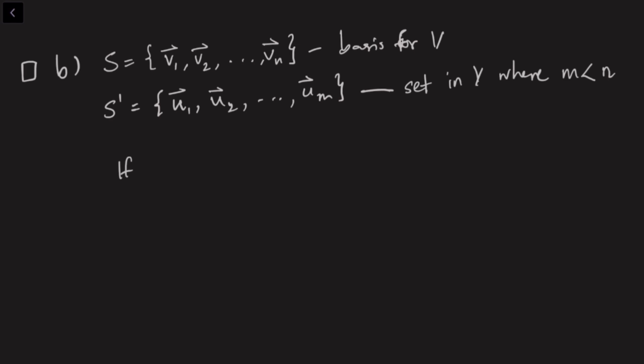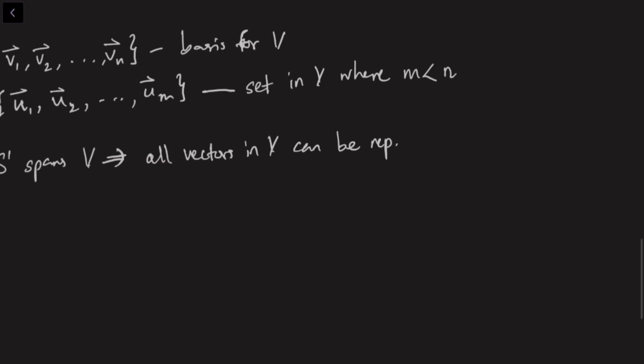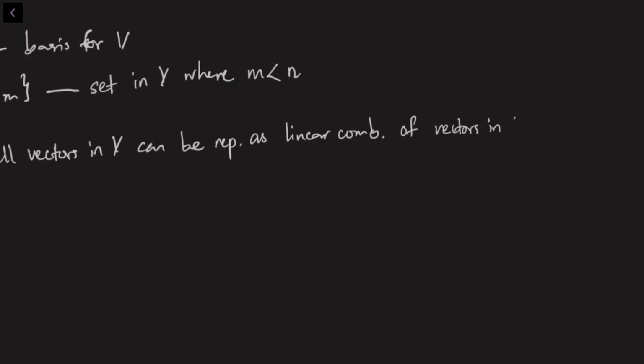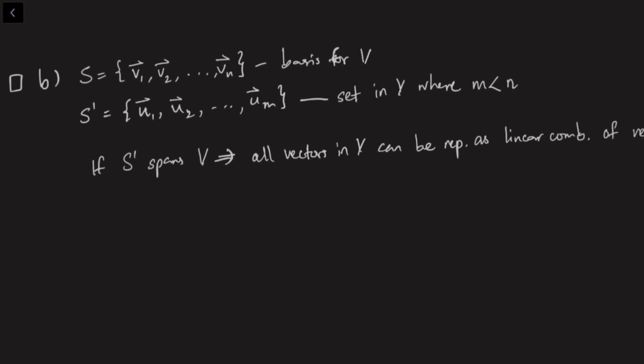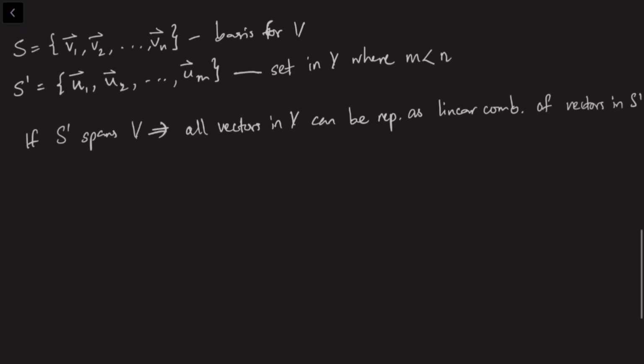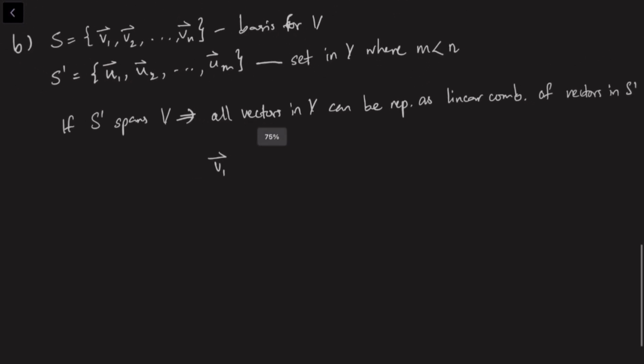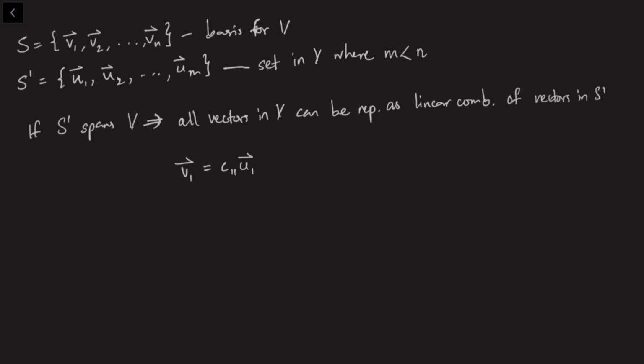So what happens if it does span V? If S prime spans V, then all the vectors in V can be represented as linear combinations of vectors in S prime, because that is what it means to span V. And all the vectors can also be represented as a combination of the basis. So ultimately, it means that the vectors in the basis, v1, can be represented as some coefficient times u1, coefficient times u2, up to coefficient cm1 times um, because there are m vectors u.